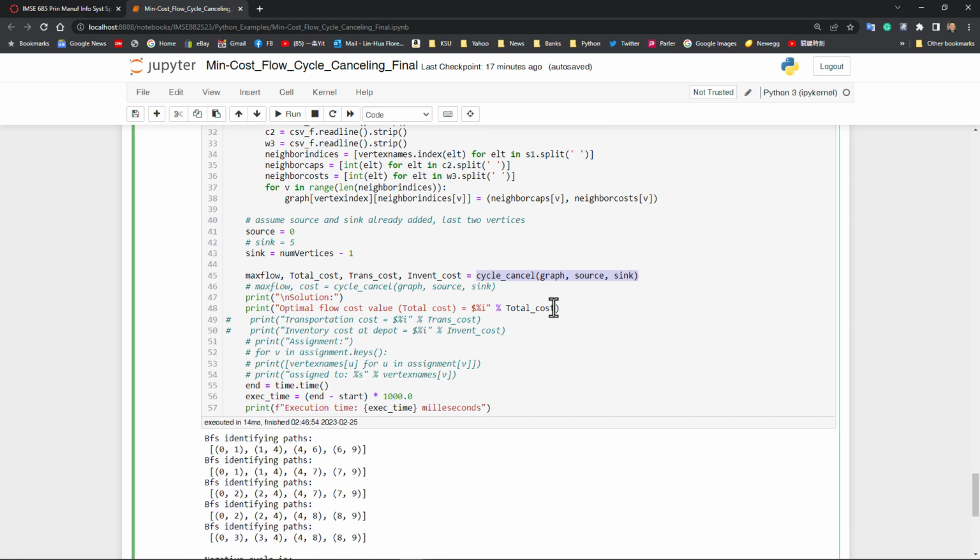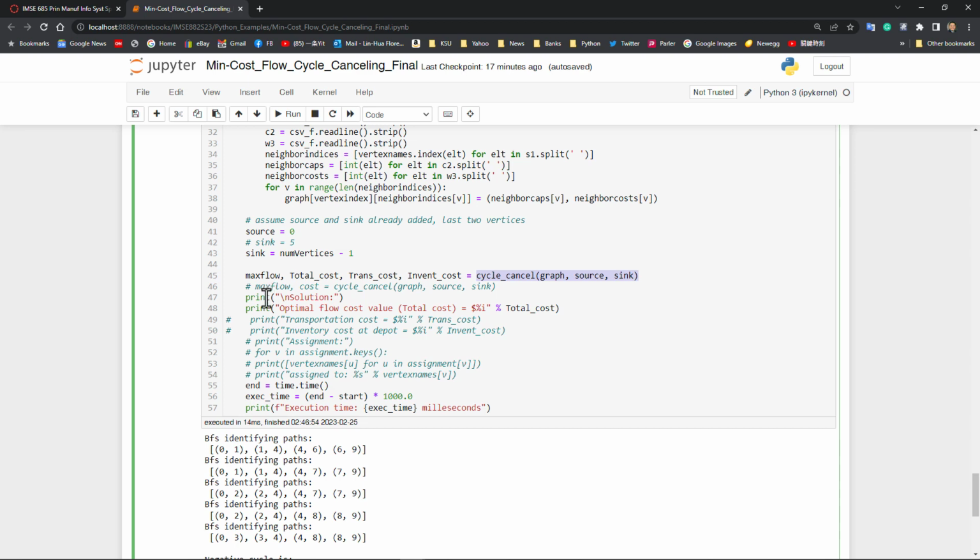After solving this problem, we can get the maximum flow and total cost. The transportation and inventory costs are not used in this example, so I suppressed their output. For the supply chain and hub location problem, I have the transportation cost and inventory cost flowing on the network, so it's for a particular supply chain application.